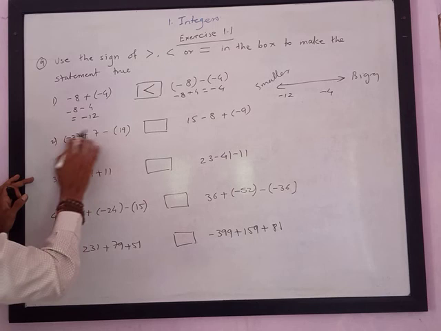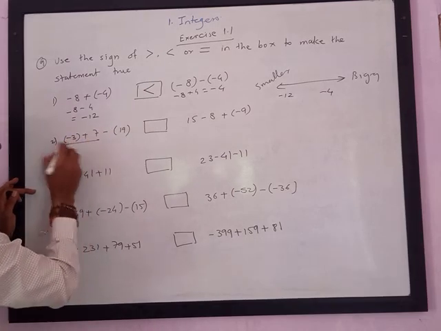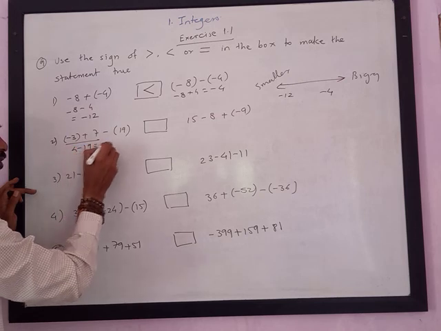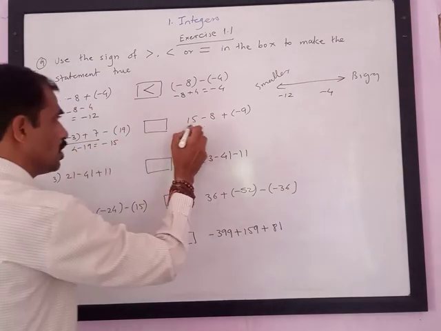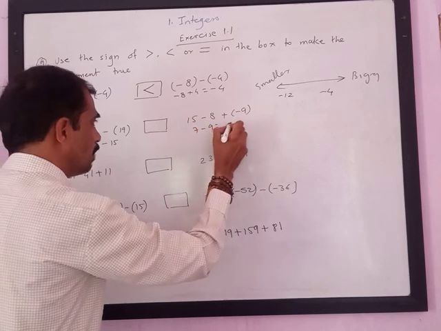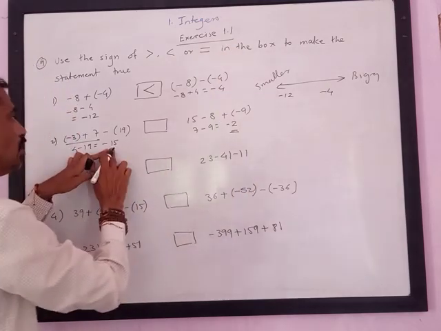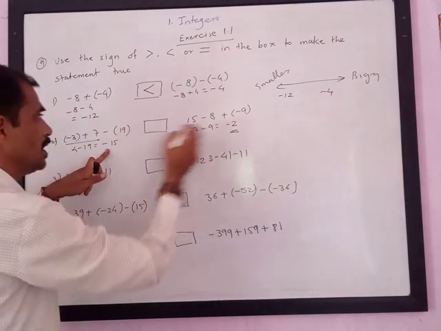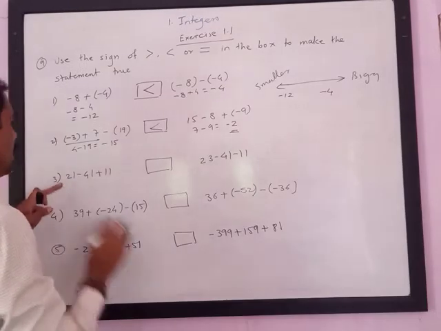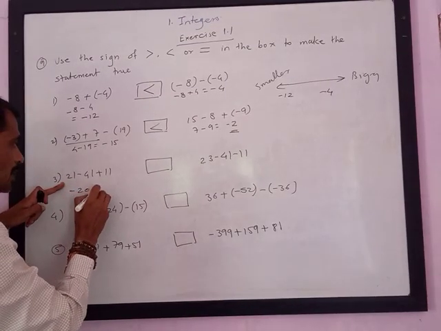Next is negative 3 plus 7 minus 19. So negative 3 plus 7 is 4, minus 19, that is equal to negative 15. And the other side is equal to 15 minus 8 is 7, minus 9, that is equal to minus 2. Now again minus 2 is to the right side and negative 15 is to the left side. It means negative 2 is bigger. Then next is 21 minus 41 is negative 20, plus 11.